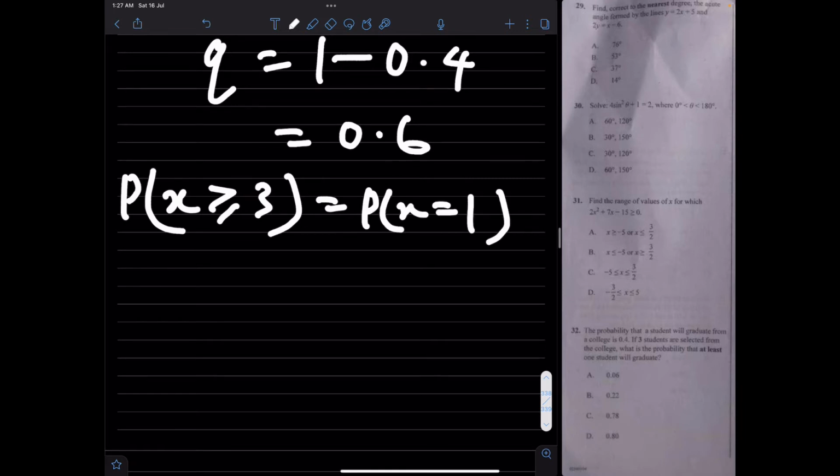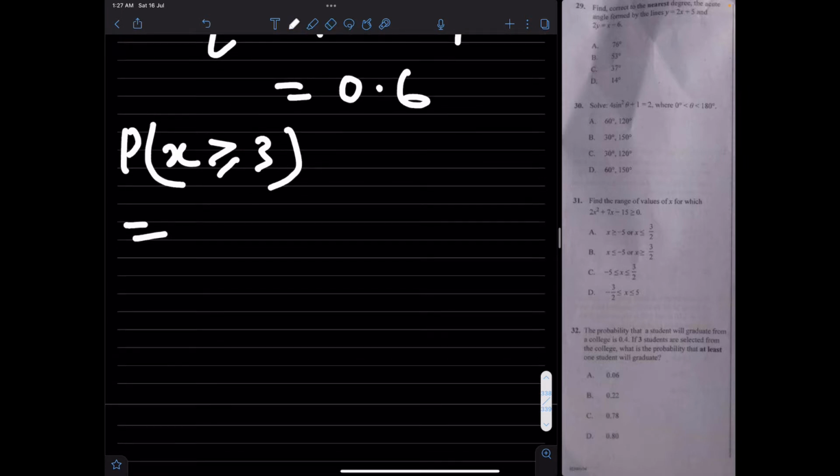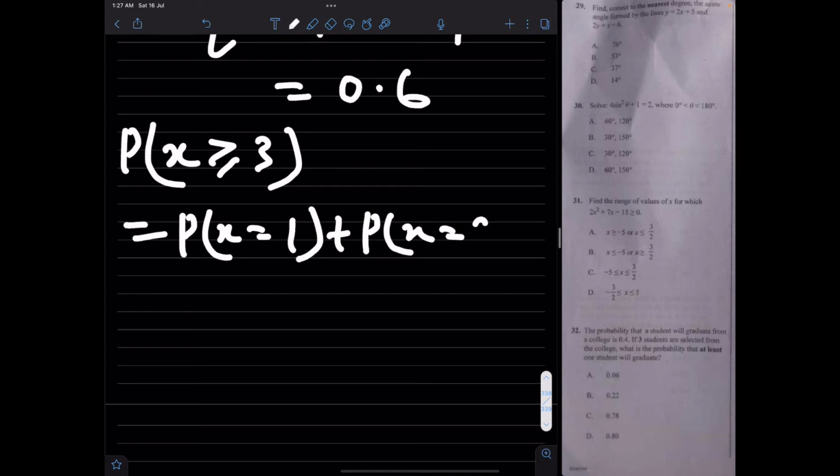I'm not going to consider x equals 0 because x equals 0 means none of them graduate. So I must start with 1.